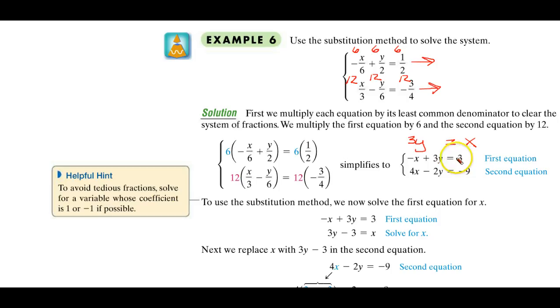Take this positive 3, move it over as a negative 3. And now wherever x appears in the other equation, right there, I'm going to substitute that. And that's what they're doing here. You can't see it all, but we will shortly.